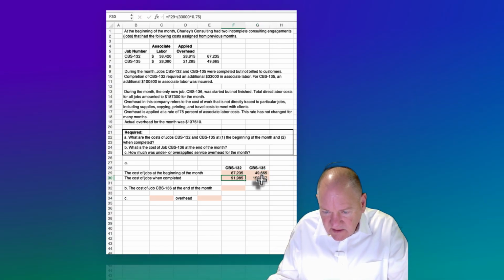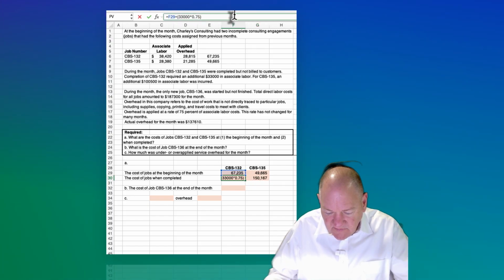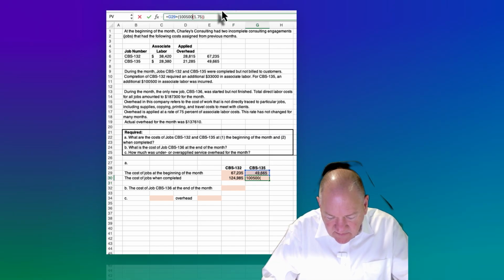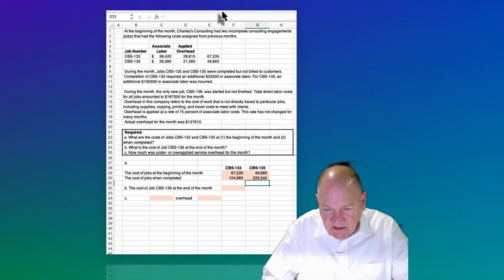And I can see that I didn't do that right, so let's just go back here. This should be 1.75, and this should be multiplied rather than added. And I don't need that parentheses there because I've got the outside parentheses, and I can enter there.